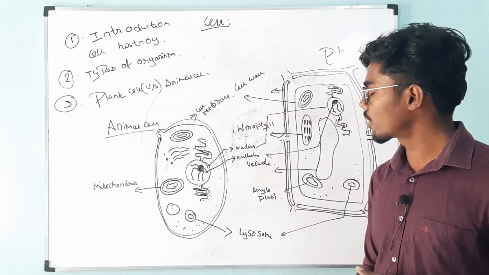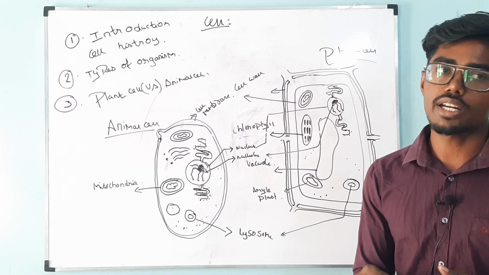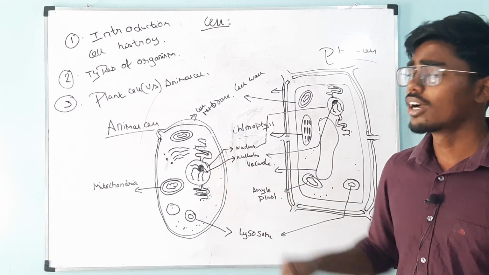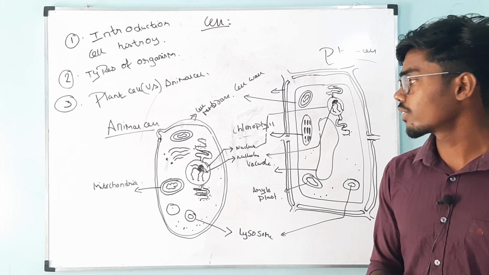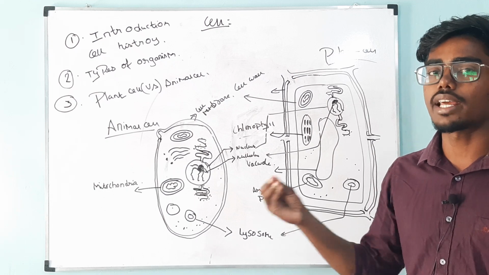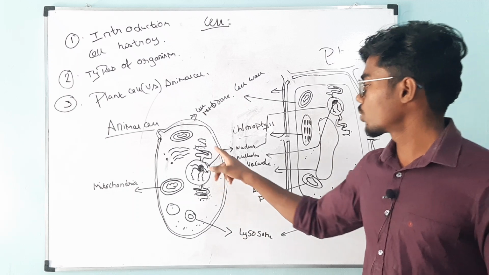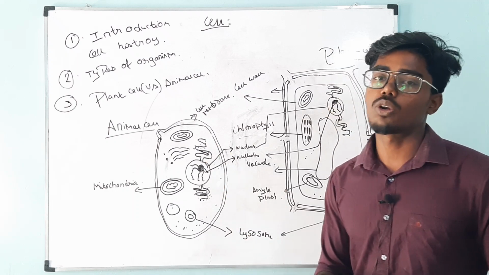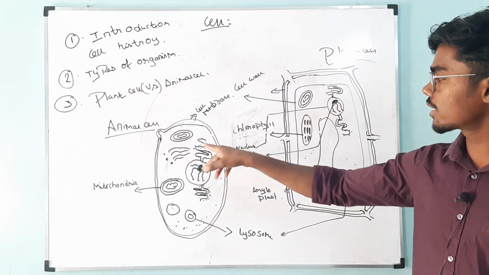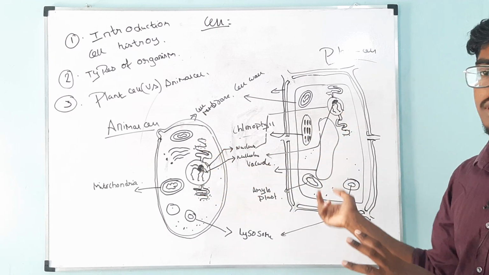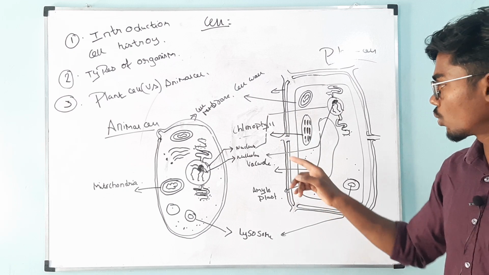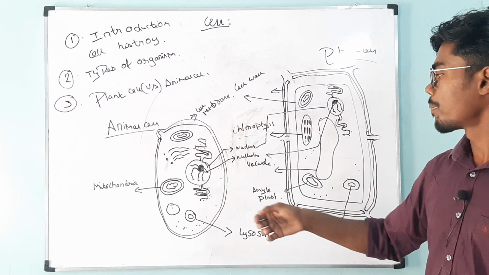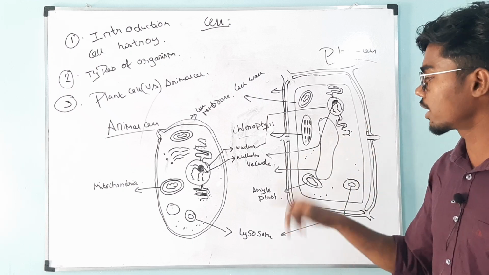The smooth endoplasmic reticulum helps in the production of fat, and it also helps in detoxification of any toxic materials that enter the cell. The rough endoplasmic reticulum helps in the production of protein molecules. Protein molecules are important for both the animal cell and plant cell membrane, and these protein molecules are involved in production of the cell wall, for both animal cells and plant cells.